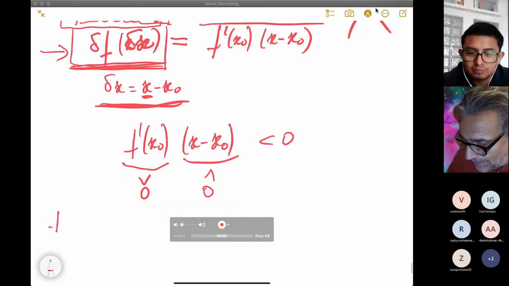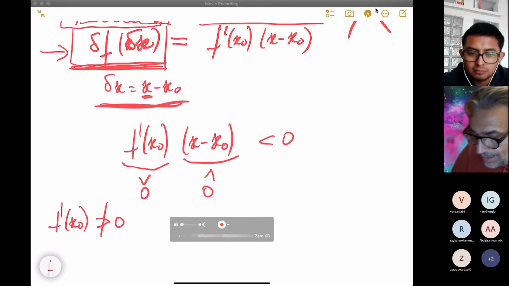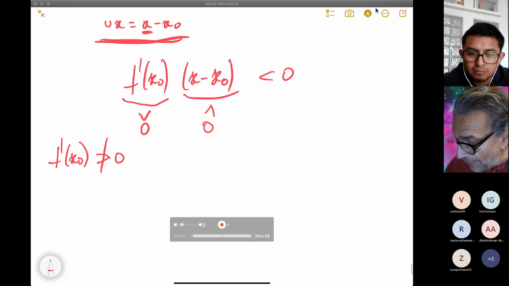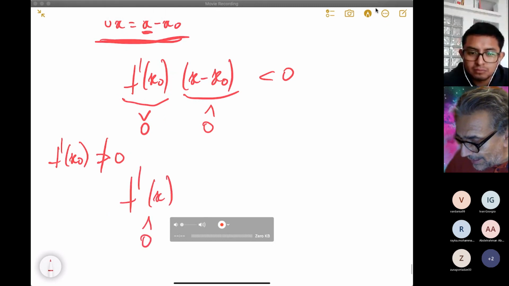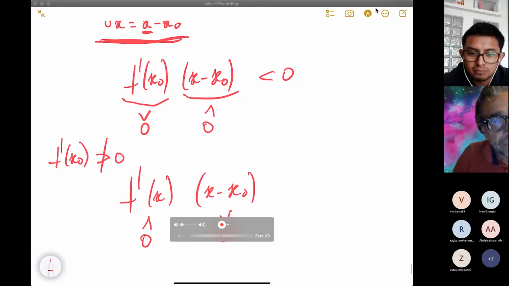So f prime of x0 cannot be greater than 0. If f prime of x0 is negative and x minus x0 is positive, then again this is negative.